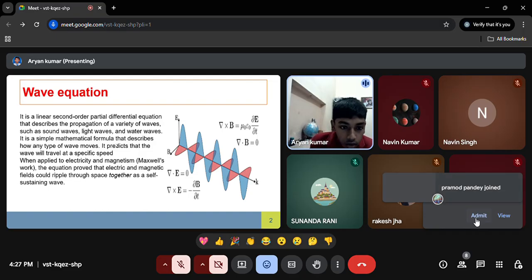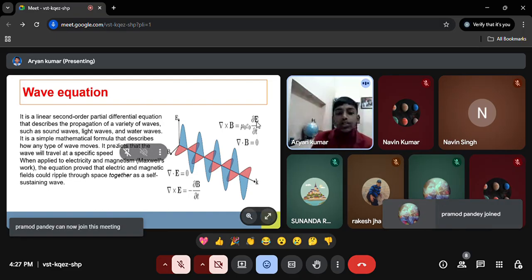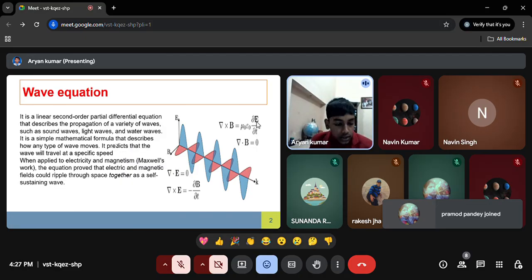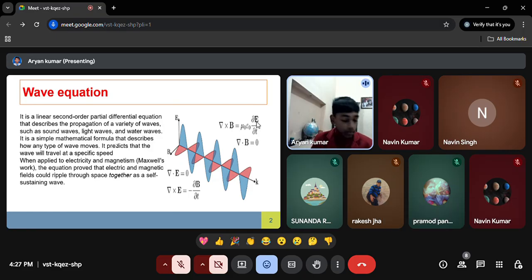So it describes how electric and magnetic fields could ripple through space together as a self-sustaining wave. Okay. So, Saksham, did you understand this topic? No, Aryan.